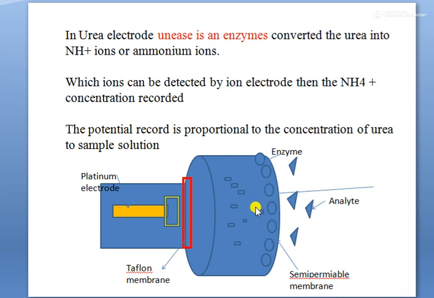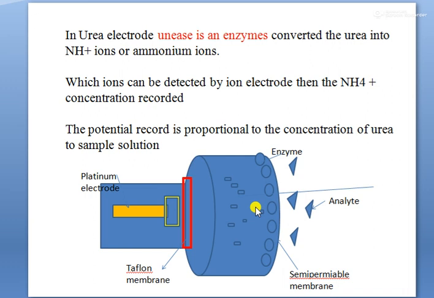That means we use urea as the analyte or substrate. The substrate reacts with the previously present enzyme, that is urease, and after reacting with urease, the urea converts into ammonium ions, that is NH4 plus ions, and these ions create electrical signals.